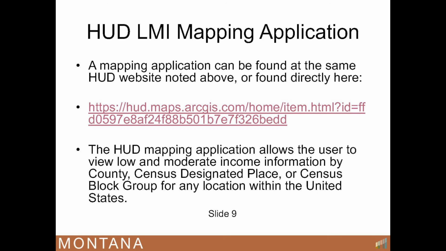The mapping application can also assist local governments in general community planning. For example, the information can be very useful for identifying areas that may need special assistance, such as areas for possible housing rehabilitation, or areas where water and sewer line replacement may be necessary.